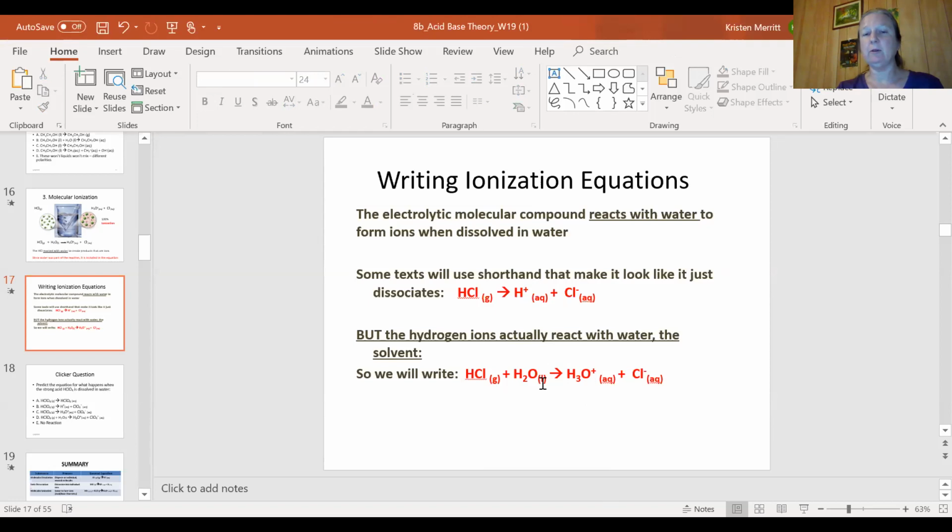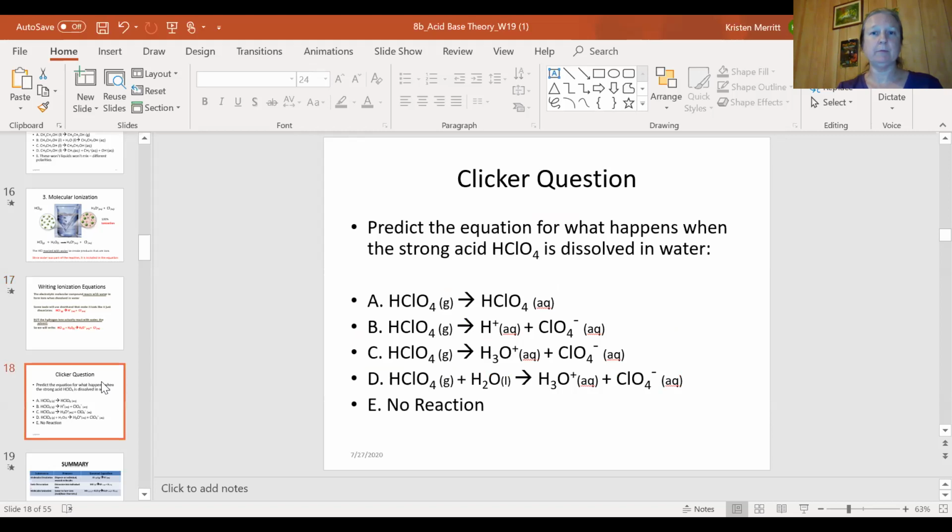Physical states, balanced, right? We have a -1 and a +1, so this is a net zero. This is a molecular ionization. So in this example, what would be the equation here for perchloric acid when this is dissolved in water?